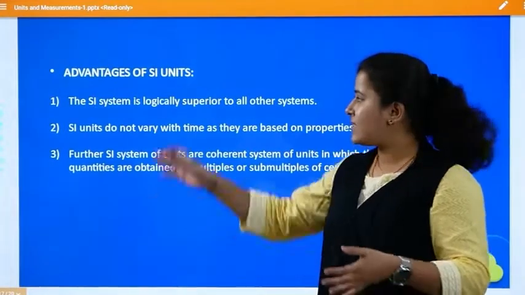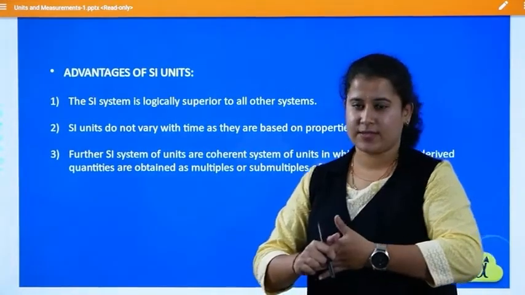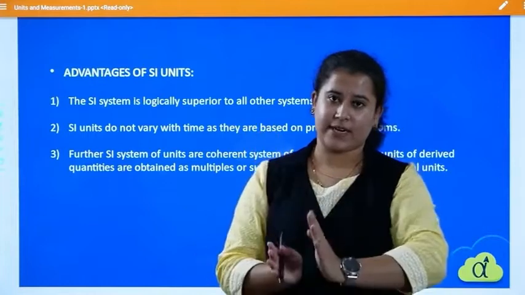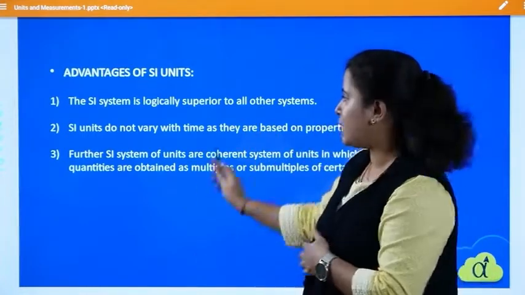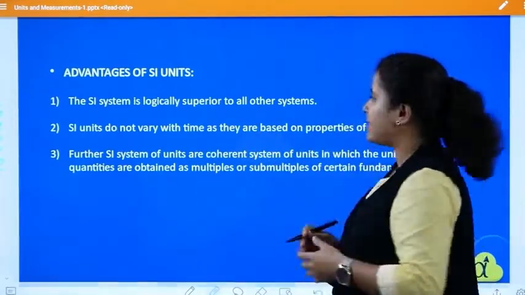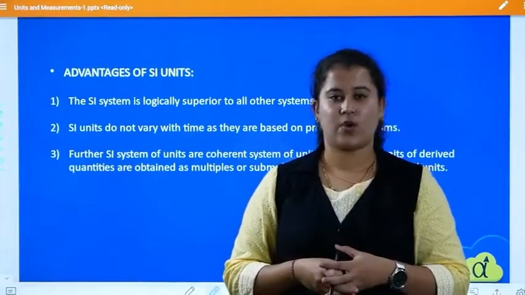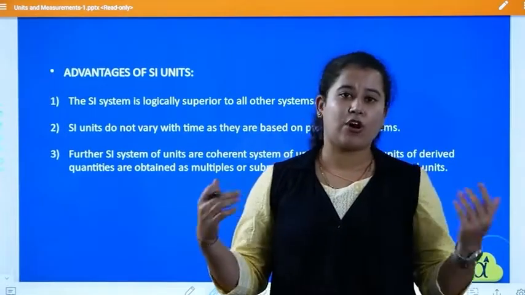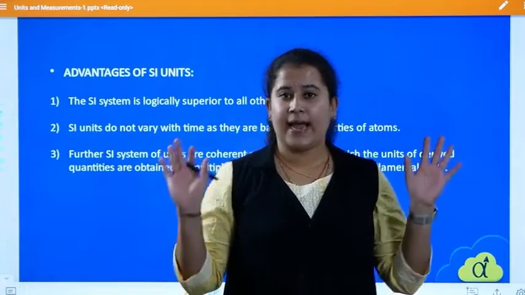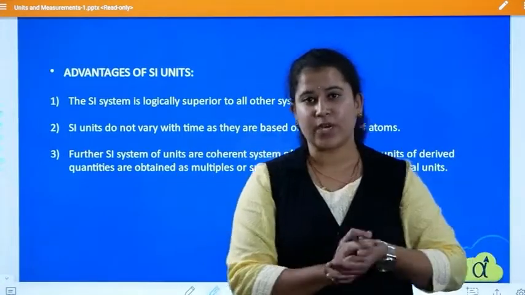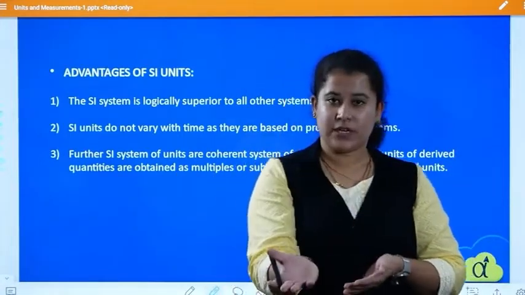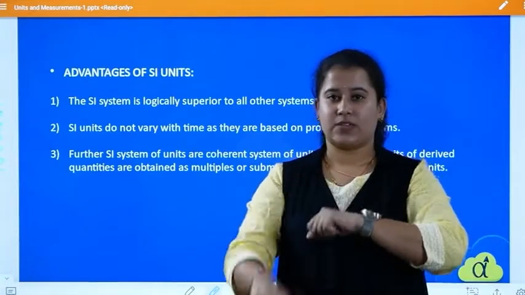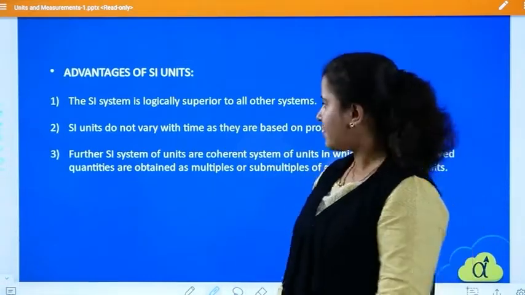After this we have the advantages of SI units, and after the advantages I'll tell you the rules. Coming to the first one, what are the advantages of SI units? We got to know the disadvantages of the earlier systems, and because of that SI units were given.